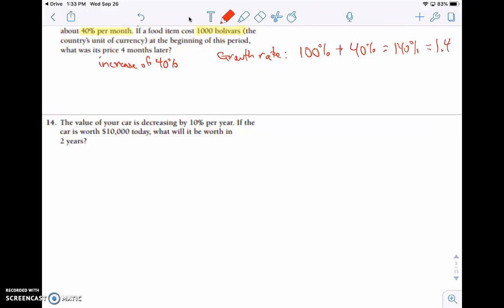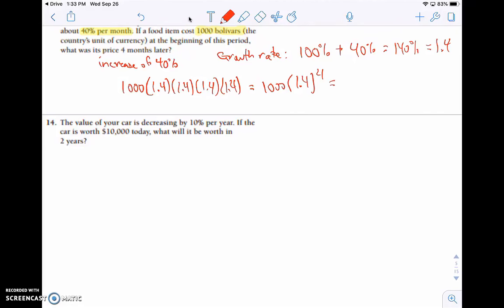So that's going to be our growth rate, 1.4. So the way we find this amount 4 months later is we take 1,000 times 1.4 for the first month, times 1.4 for the second, third, and the fourth. Or more simply put, you can just say 1,000 times 1.4 raised to the fourth power.